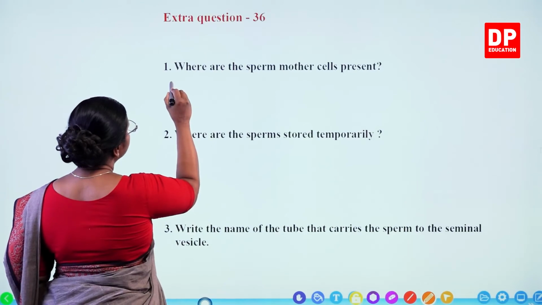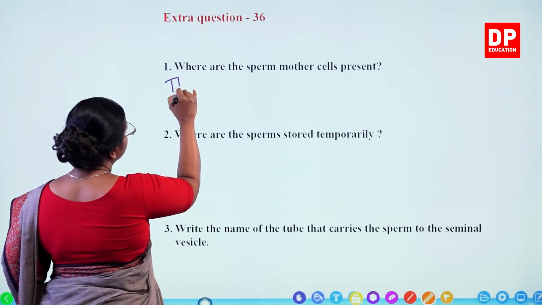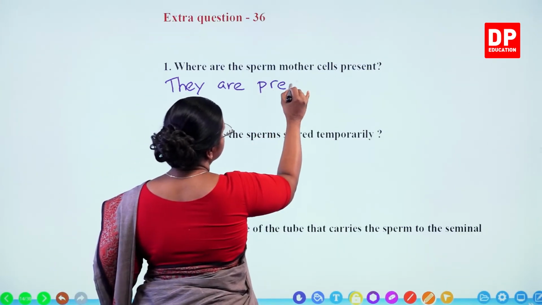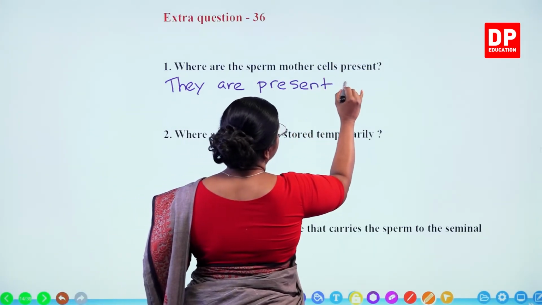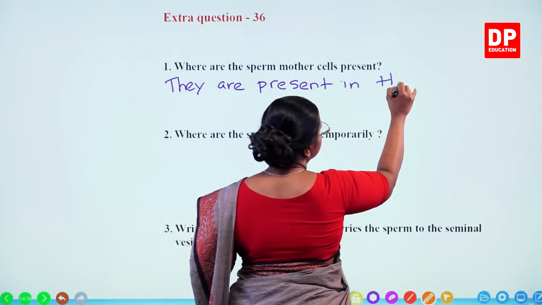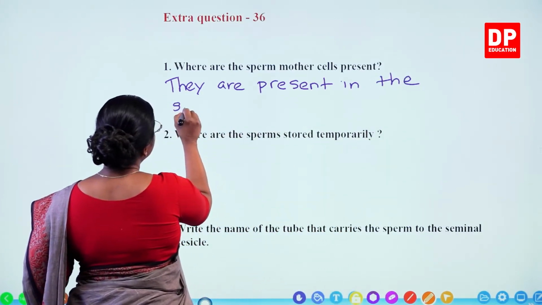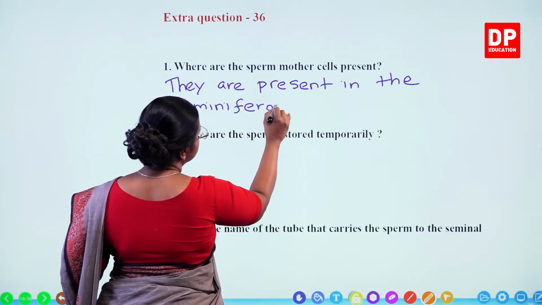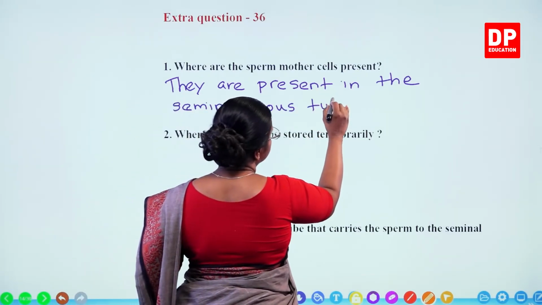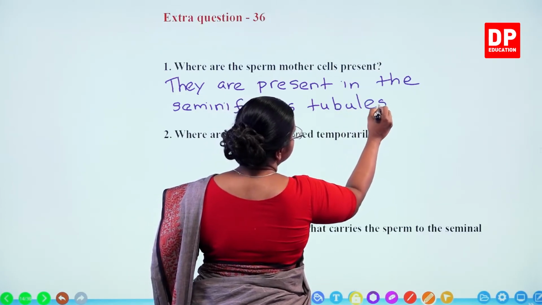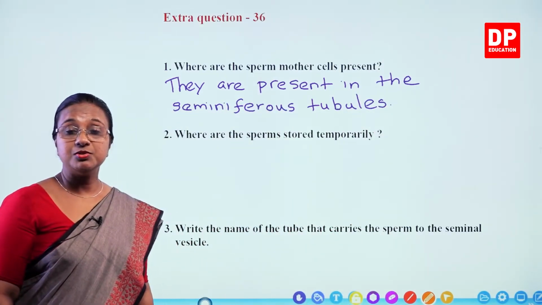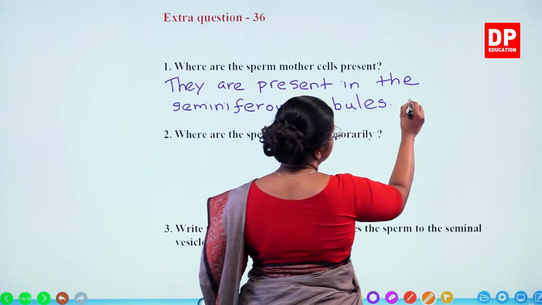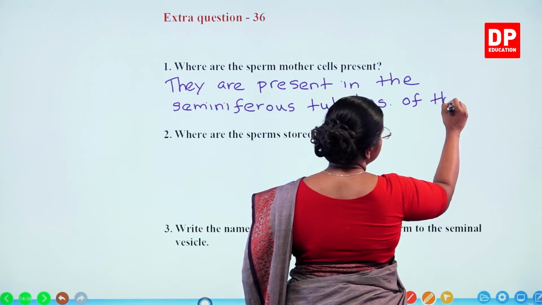So we can say they are present in the seminiferous tubules. So inside these seminiferous tubules only the sperms are produced, or you can even say seminiferous tubules of the testis.